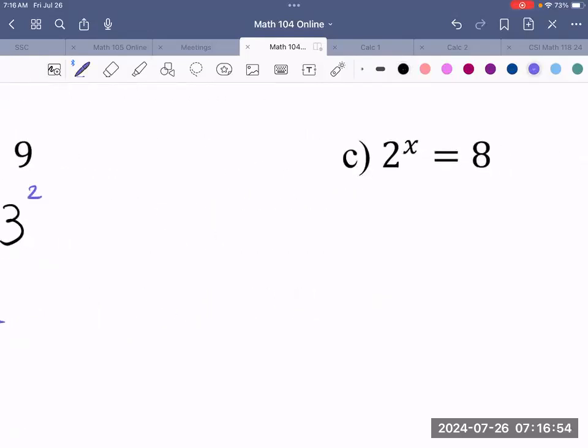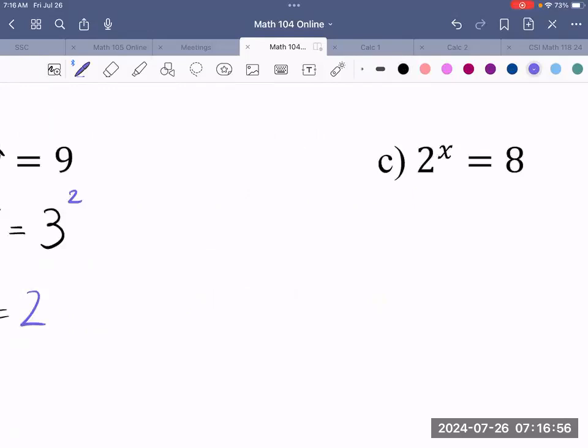And let's try it again here. 2 to the x is equal to 8. How many 2's can make 8? Well, 2 times 2 is 4, and another 2 will make 8, so that is 3.